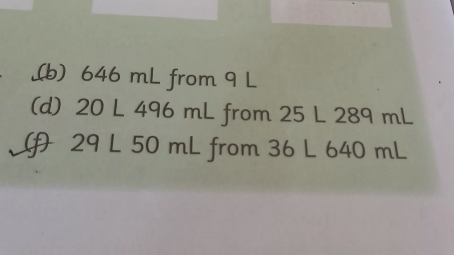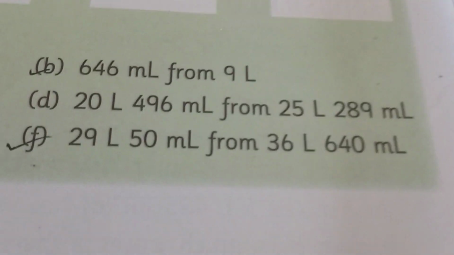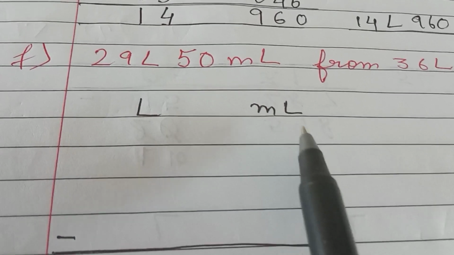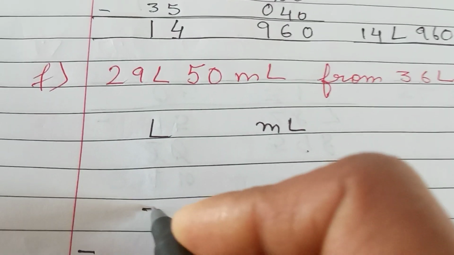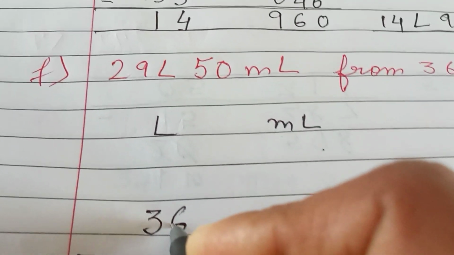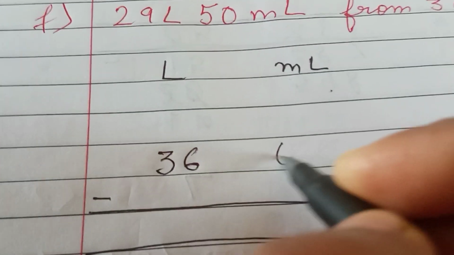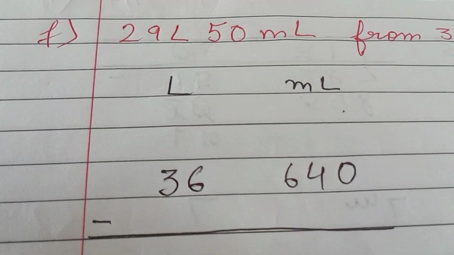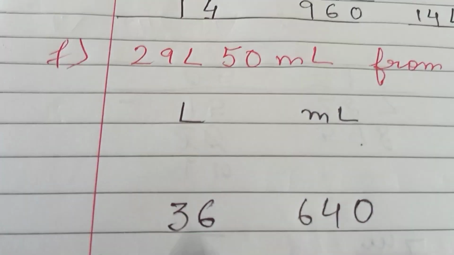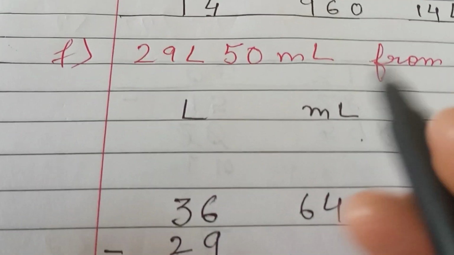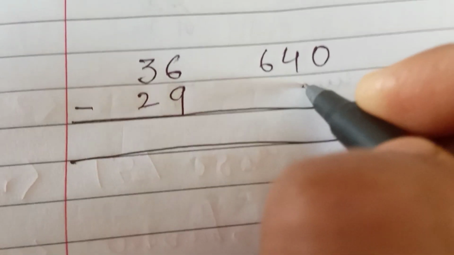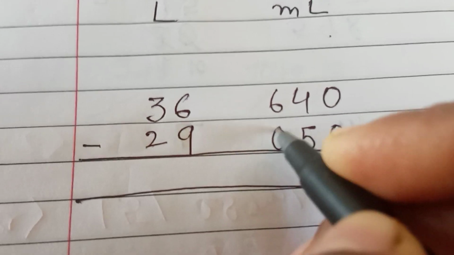You have to make 2 columns, one side liter, one side milliliter. So you write the bigger number first, 36 liter 640 milliliter. Then 29 liter and 50 milliliter. So 50 you write here and you put here 1 zero.